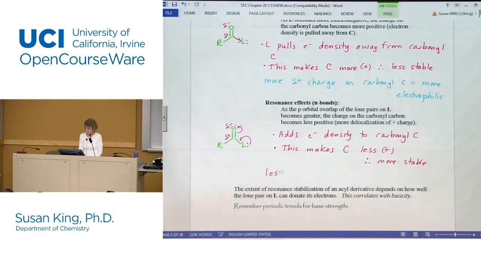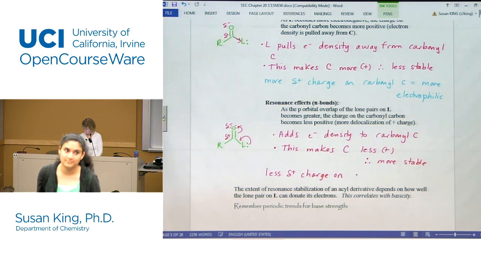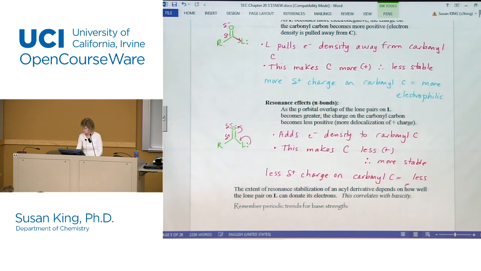So less partial positive charge on carbonyl carbon equals less electrophilic. So we have two factors that are working in opposite directions, and so what that means is we're going to have to weigh these two factors to see which is more important to be able to explain reactivity, and we'll do that next time.